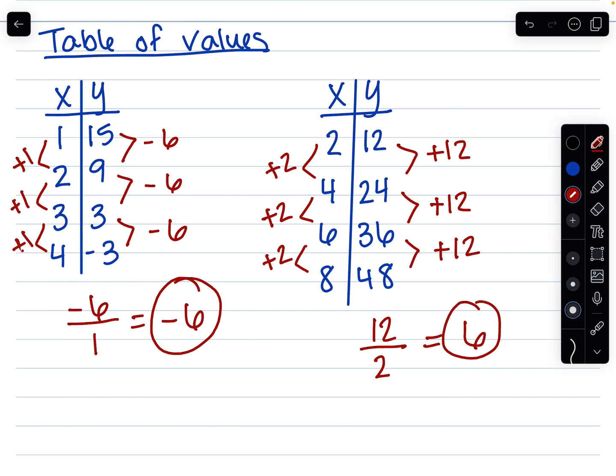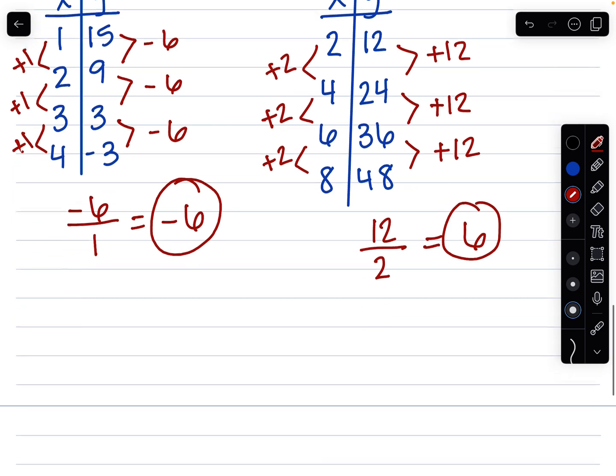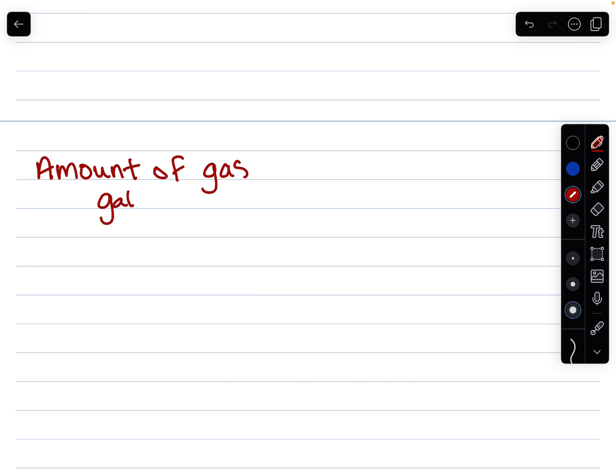Okay? Now, sometimes instead of x and y, they're going to give you other quantities. So, this is the amount of gas in gallons, and then the cost in dollars.